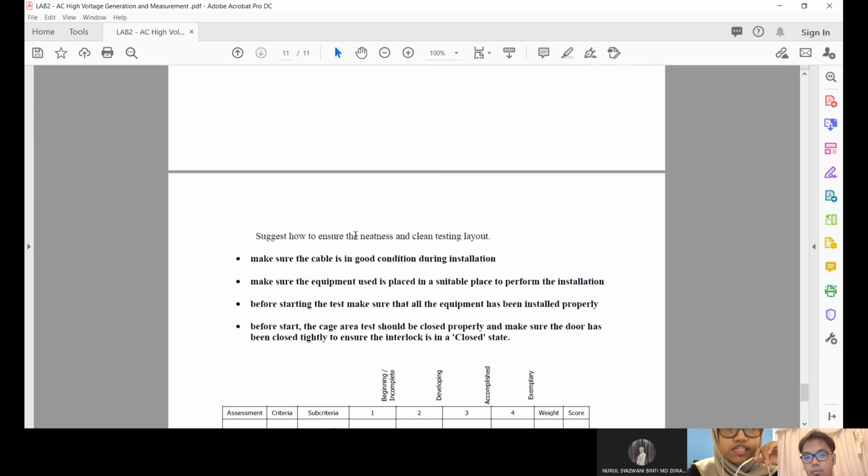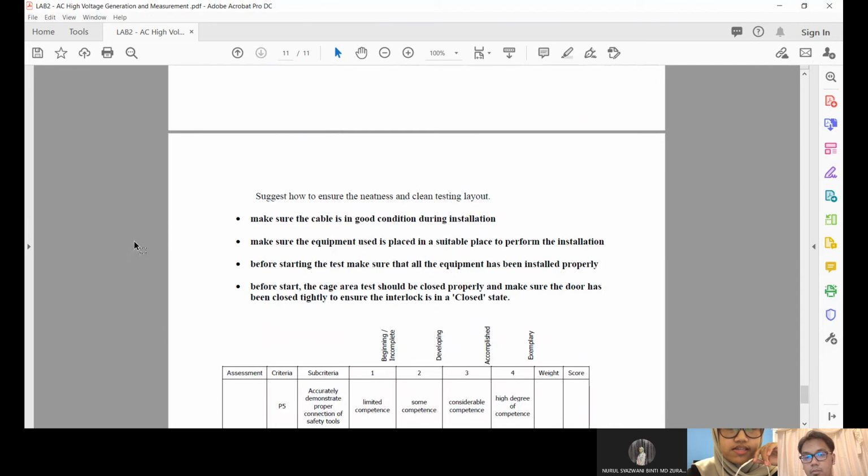Okay, for the suggestion on how to ensure a neat and clean testing layout. Firstly, make sure the cable is in good condition during installation. Second, make sure the equipment used is placed in a suitable place to perform the installation.